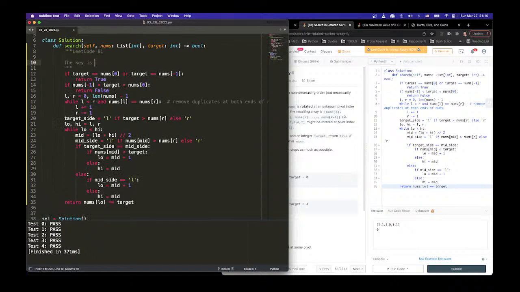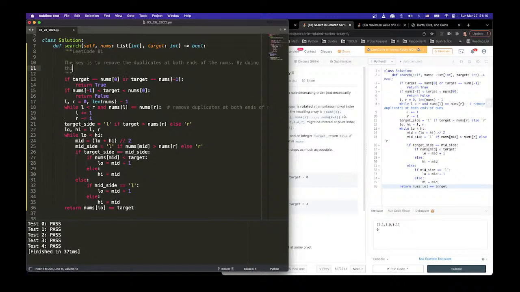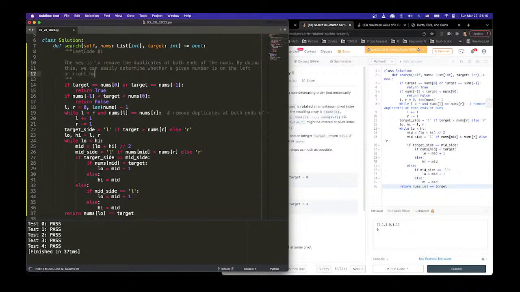Alright, the key is to remove the duplicates at both ends of the nums. Right. By doing this, we can easily determine whether a given number is on the left or right half of the given array of the rotation.